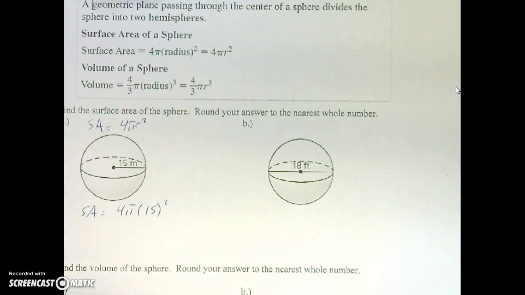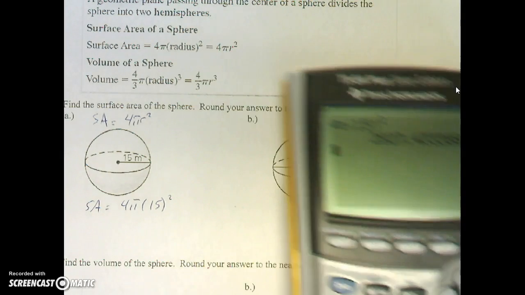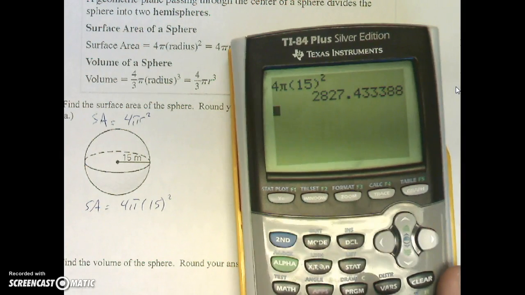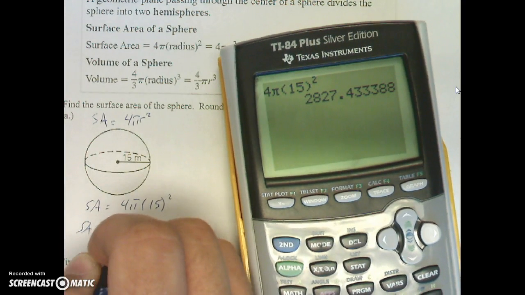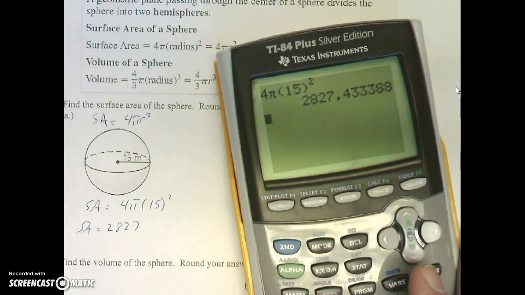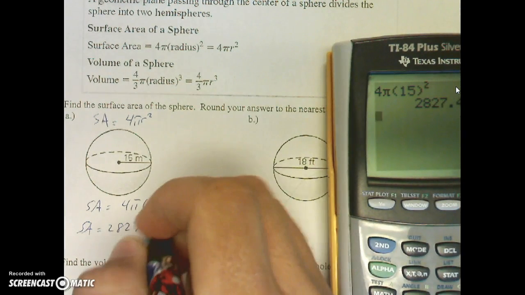I'm going to use my calculator. I like to use the pi symbol. 15 squared. It says round to the nearest whole number, so 2,827. Because we're talking about surface area, do you think it's going to be meters squared or meters cubed? Meters squared. Good.